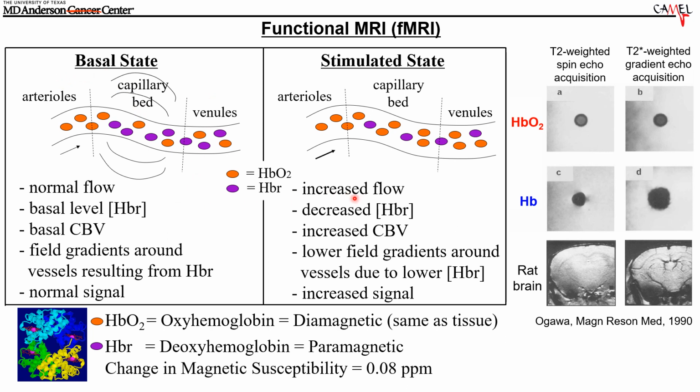If we increase the flow rate, stimulate, well, initially some of the oxygen will be taken up from the blood vessels, but then very quickly your body will recognize that more oxygen is needed in that part of the brain that is starting to think about something, and so you'll start to see more oxyhemoglobin within this portion of the blood vessel compared to the basal state, where you'll see right here I have fewer of these orange ovals compared to the purple ovals, right?